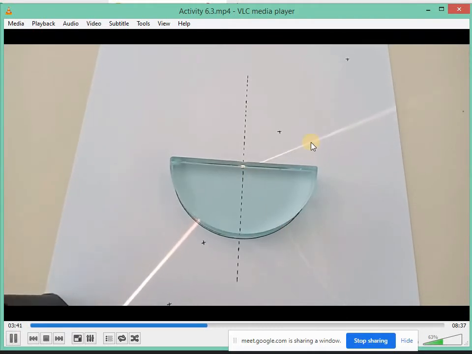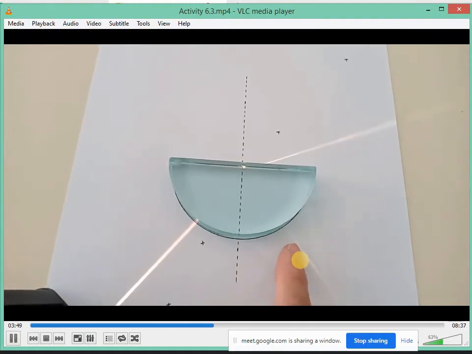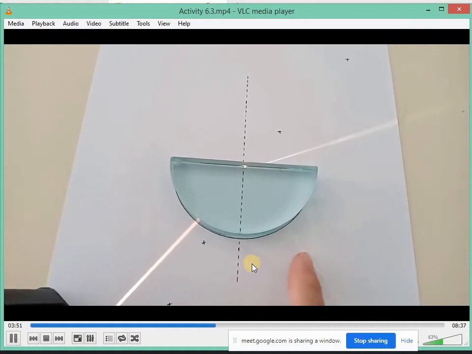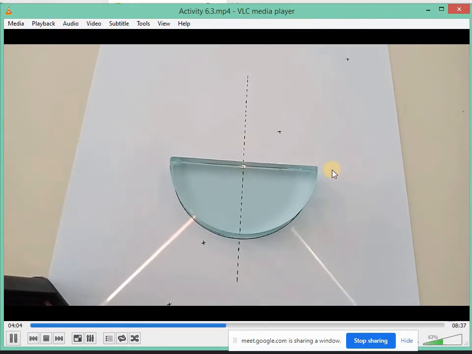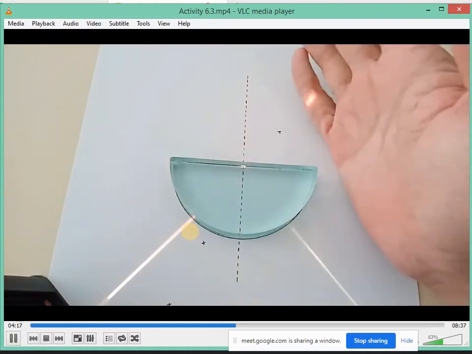You see this one becomes weaker and weaker, and this one becomes stronger and stronger, until it disappears or almost disappears, leaving a little bit, because this is where the angle becomes the critical angle. At the critical angle.